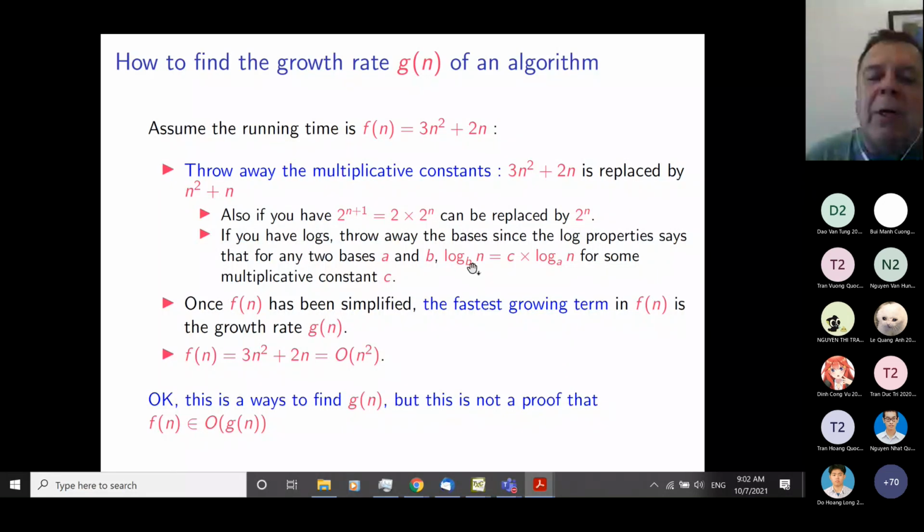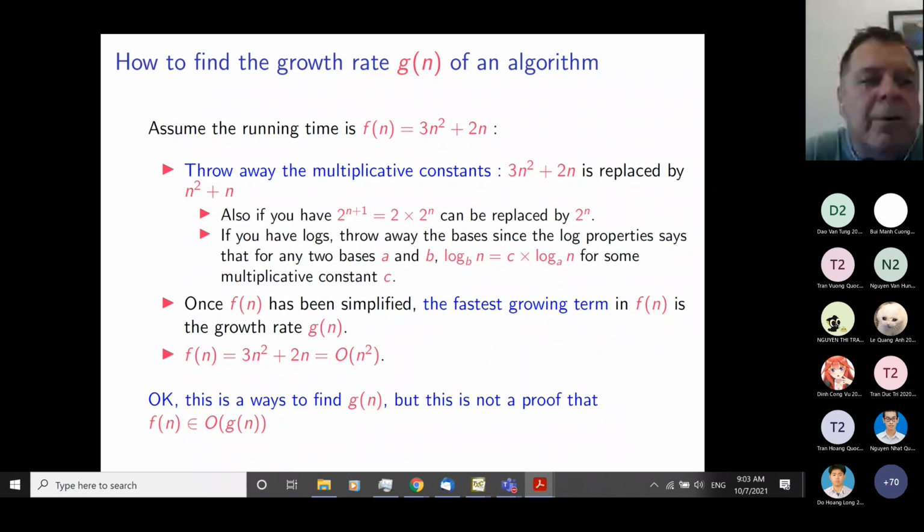And we don't care about which base a log is when we measure the running time of an algorithm. So we are not going to bother with the base of the log that represents the running time. We are all going to assume that the base is 2. So when we discuss running times that involve a log, we are going to assume it is log in base 2.